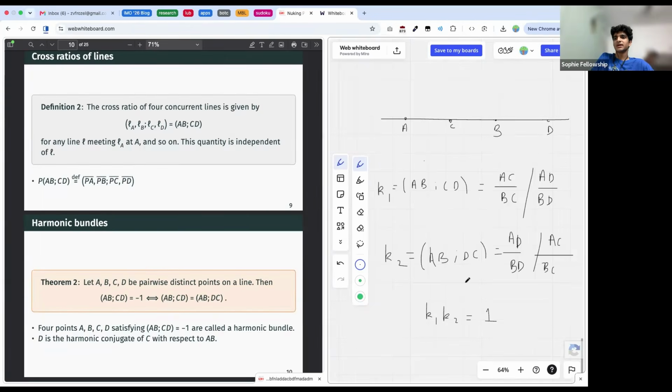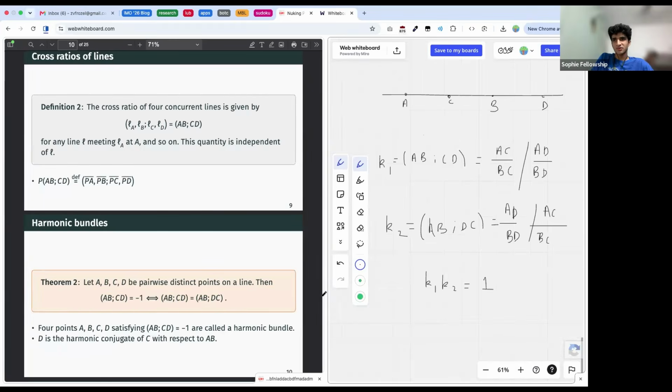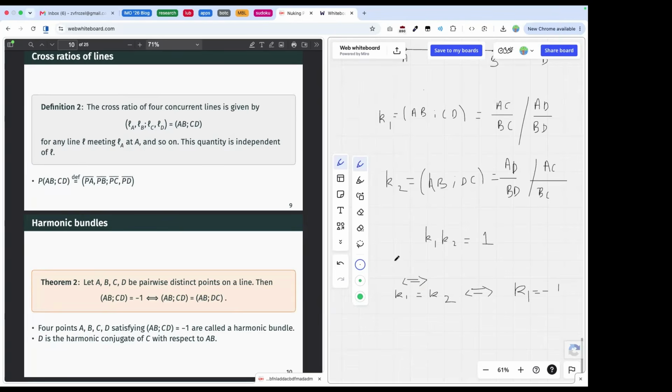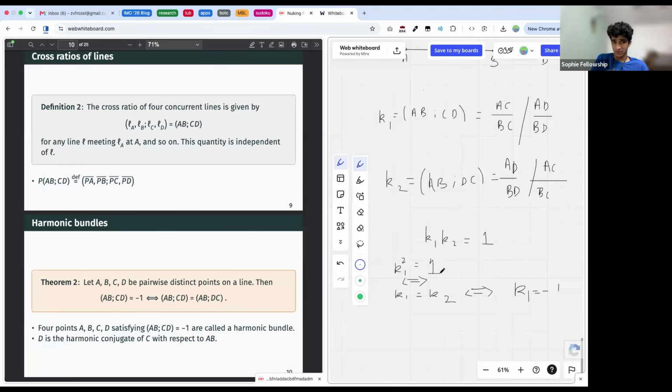So essentially what this theorem is asking us to prove is that K1 equal to K2 is equivalent to K1 equal to -1. Since K1 K2 is equal to 1, K1 equal to K2 says that K1 squared is equal to 1. So we finally want to prove that K1 cannot be 1, because then K1 squared is equal to 1. If K1 cannot be 1, it obviously has to be -1.